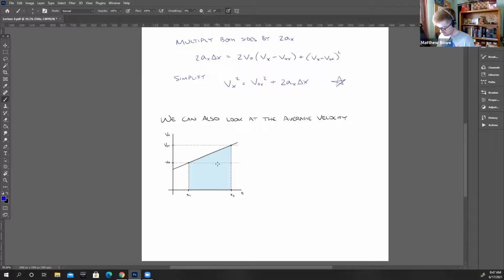In this case, the area under the curve is this highlighted blue region. Well, what if we were to do the average velocity? That's not going to follow this path exactly. If you remember what average velocity was, you take the beginning and the end, and it's a rough estimate of what the velocity will be. So if I was to find the average velocity of this case, the graph would look like this.